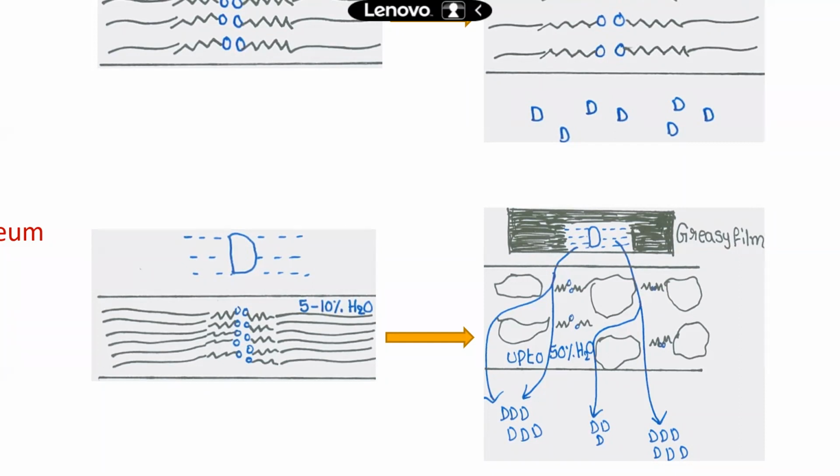Parnika, Faiza, if you drink water, your stomach size increases. Does your stomach size increase or does your stomach dissolve in water? Stomach size increases. Likewise, here also the keratin fiber cannot dissolve in water.